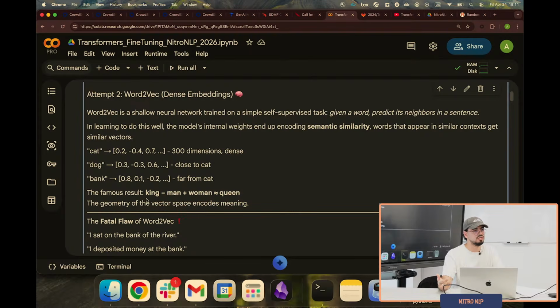So, for example, if we take the vector for king, you will have 300 dimensions of numbers in the king vector, and we subtract the vector for man, and we add the vector for woman, we would get something similar, or rather the exact same vector for queen.